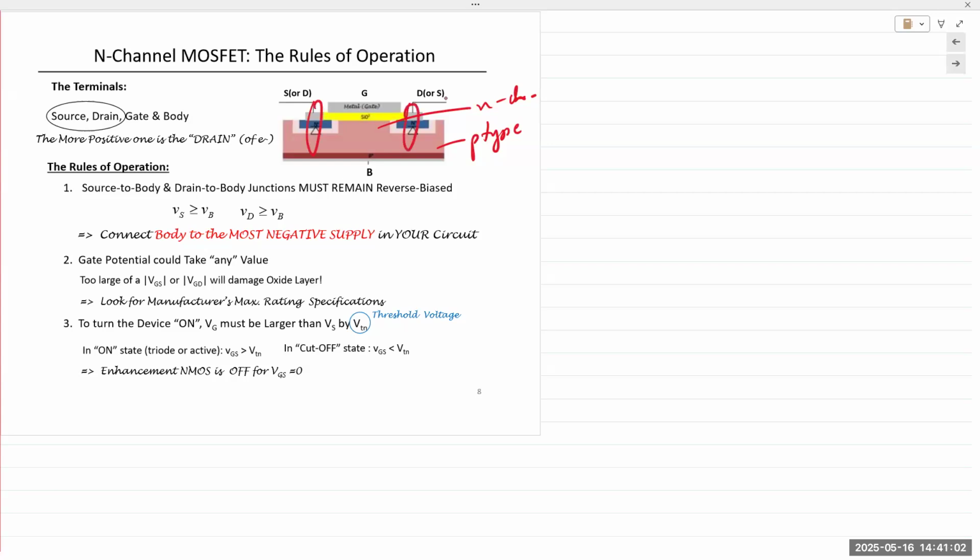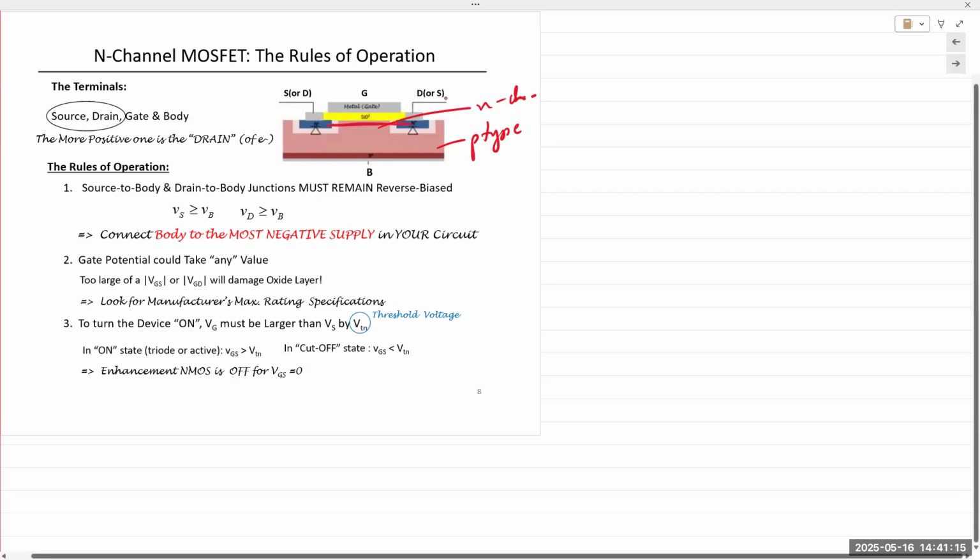So those PN junctions must be off. They must be reverse biased. Otherwise, the current would flow backwards in here and here. We don't want that. We want the current going between these two.